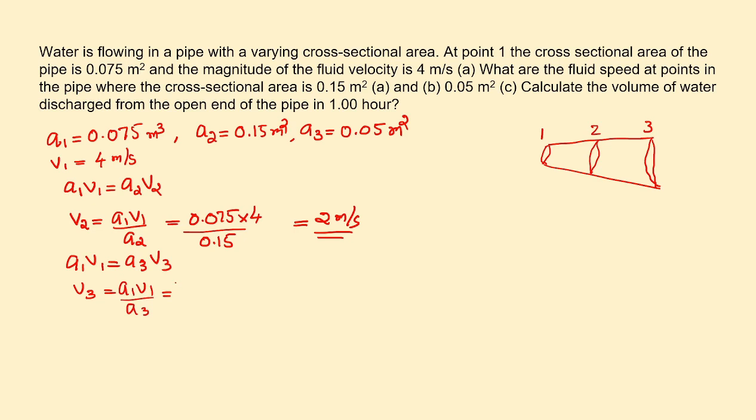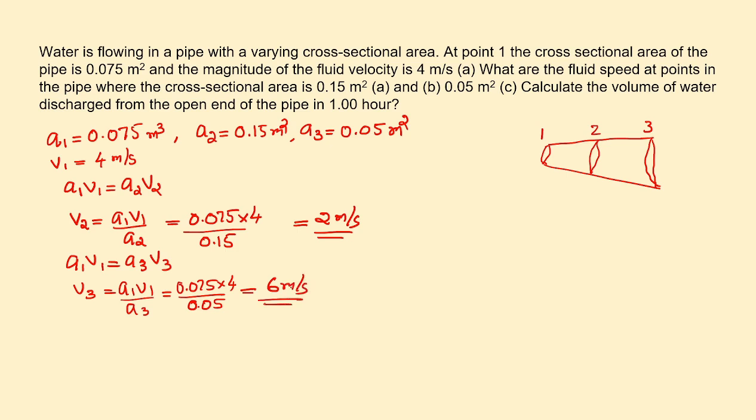So let us substitute 0.075 into 4 divided by 0.05. So after the calculation, you will get the velocity at the third point is 6 meter per second.